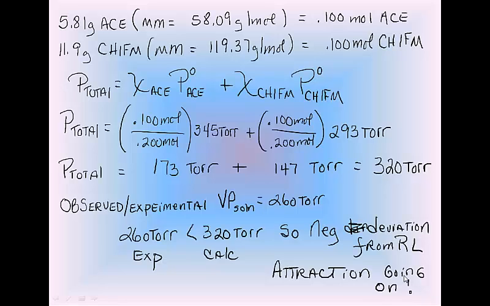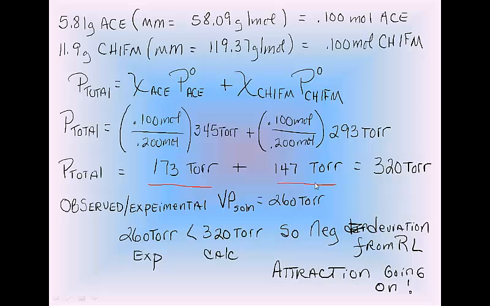Raoult's law for a volatile solute and solvent is the total pressure being equal to the parts added up. Notice that the vapor pressure or the gas phase above this solution is more acetone than it is chloroform, which is exactly what I theorized because the acetone has a higher vapor pressure.